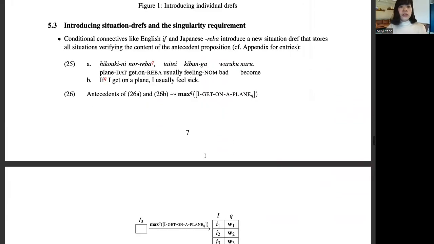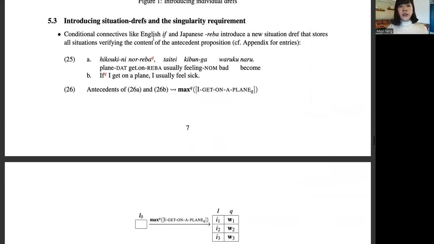So I assume that conditional connectives like English if and Japanese leba introduce a new situation discourse reference that stores all situations verifying the content of the antecedent proposition. So again, you will see the formal entries in the appendix. But here I just want to show you the idea.